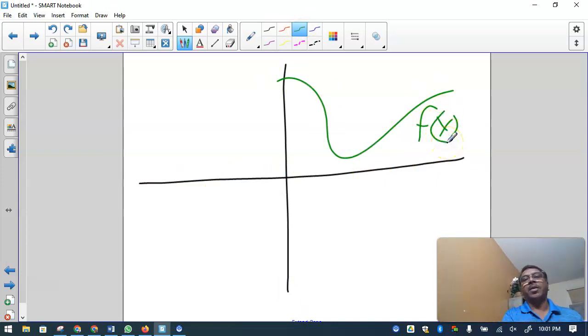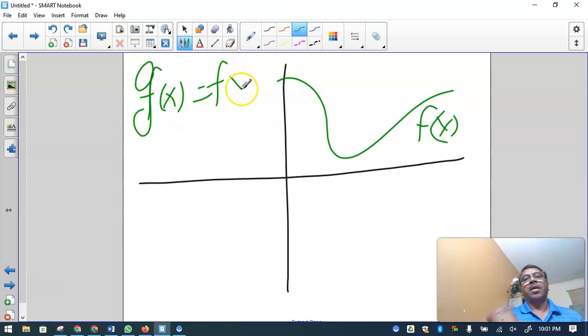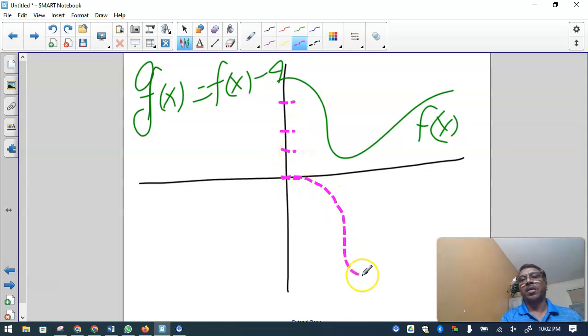If you write g of x is f of x minus 4, it only means the graph goes 1, 2, 3, and 4. So it goes something like this. That's all it means.